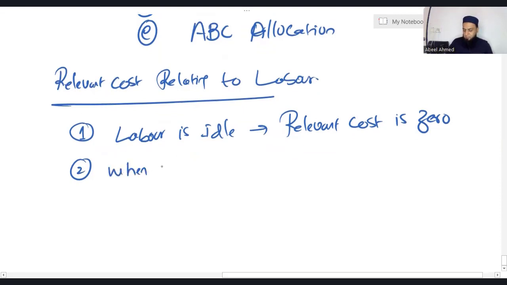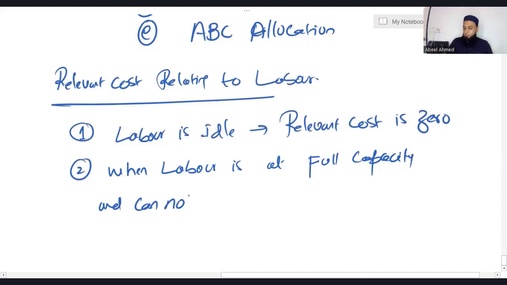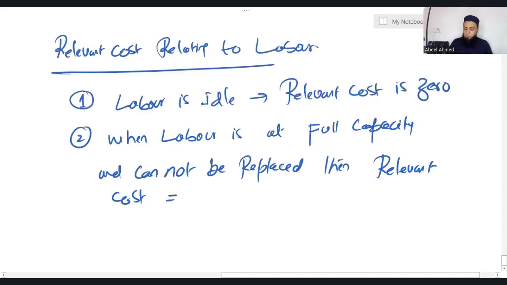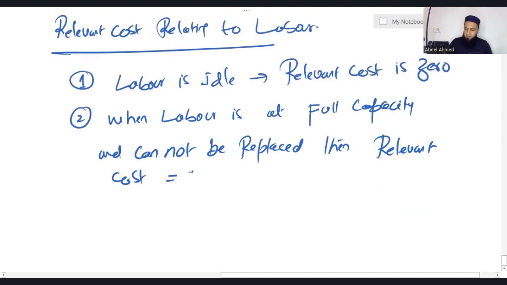When labor is at full capacity and cannot be replaced, then relevant cost is equal to whatever we are making payment to the labor plus the contribution loss. Payment to the labor plus contribution loss.